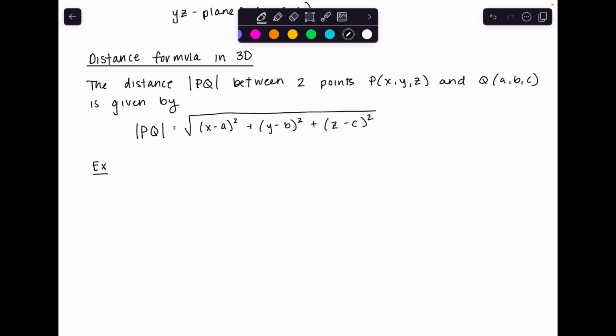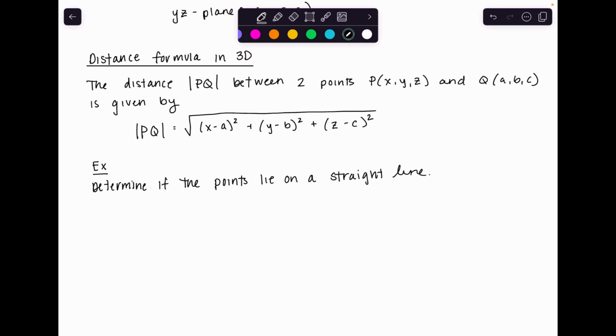So instead of just straightforwardly asking you to find the distance between 2 points, we're going to instead determine if the points lie on a straight line. In 2D, not too hard of a question.